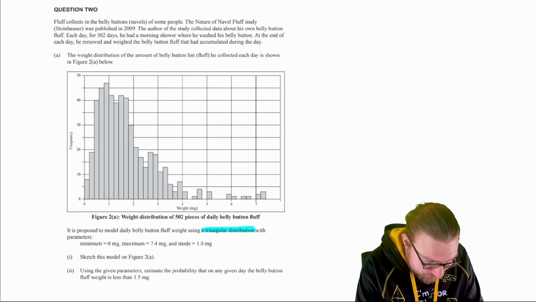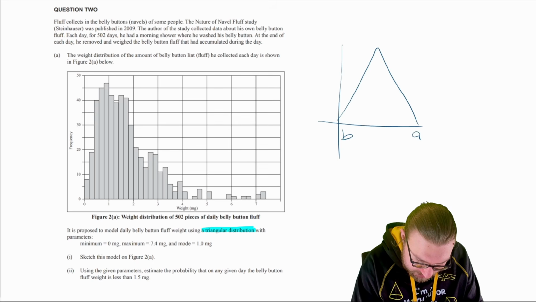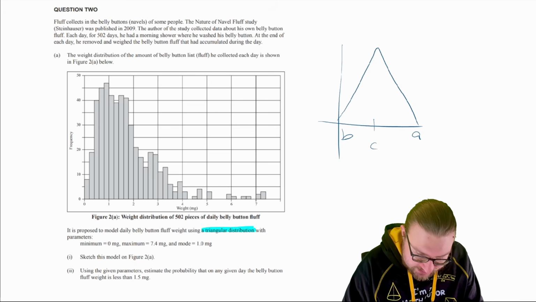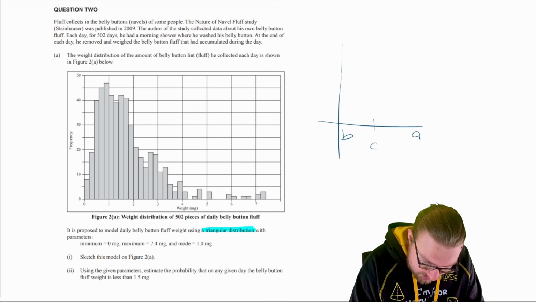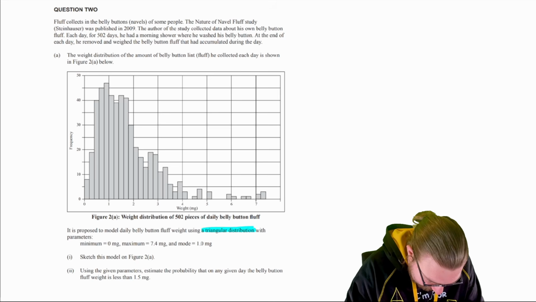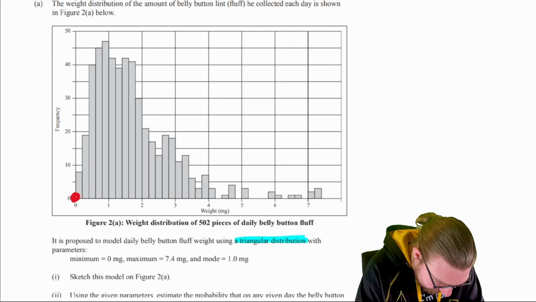Yeah, so we are looking at something like this, where we have B, A, right, and C. Yeah, C is your mode. And this is exactly what we're going to draw. So let's have a look. The question is telling us we have minimum 0. So I'm just going to zoom in a little bit, make it a little bit clearer.